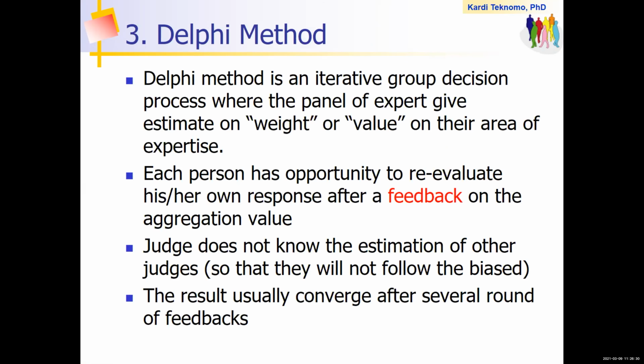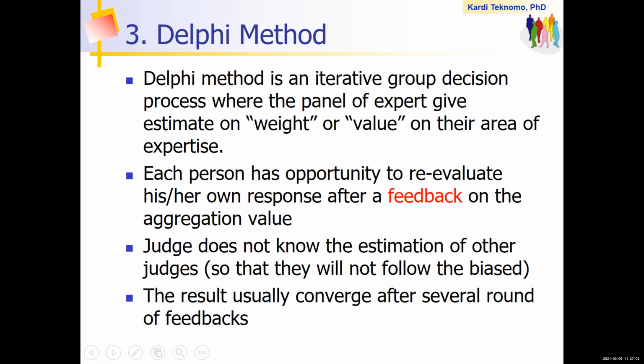Actually, in the real Delphi method, the judge does not know the estimation of the other judges, so that you will not follow the bias, so that you will not follow the others. But in our practice today, you will still listen to other judges, and we will see the result, whether it's actually confirmed or not.